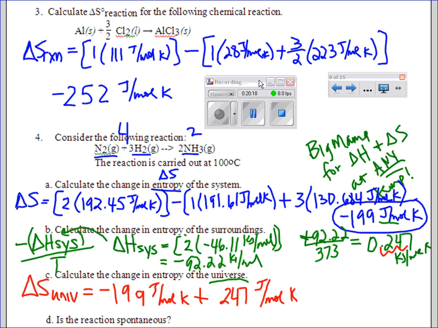Converted this. And so what's my delta S of the universe? 48 joules per mole Kelvin. So is this a spontaneous reaction? Yes, because the delta S of the universe is positive.